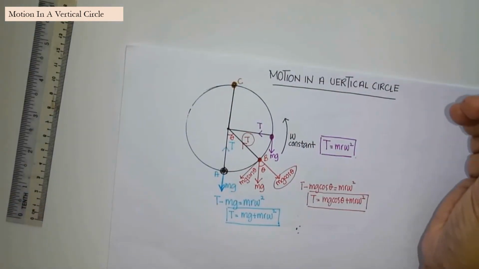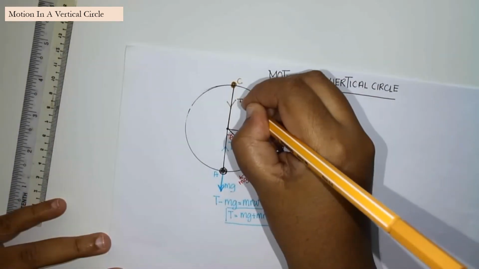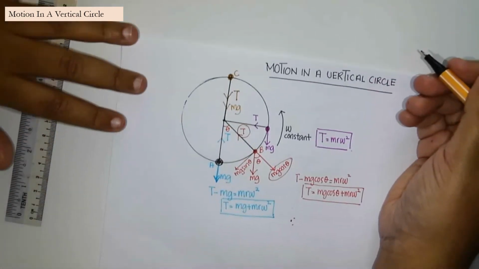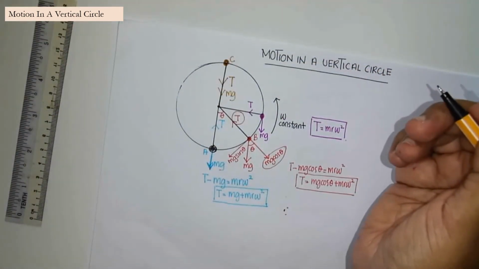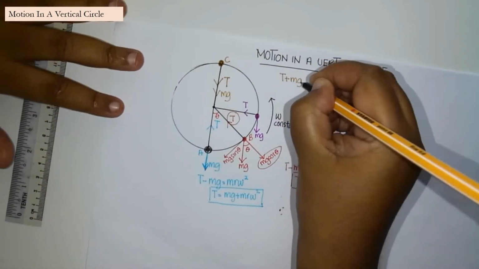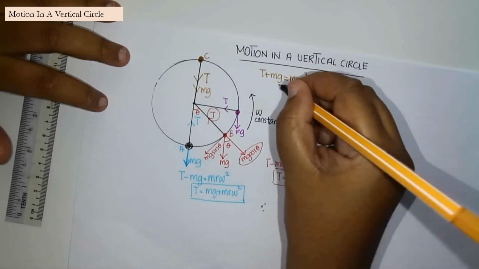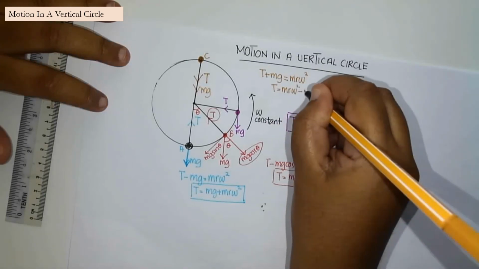So the first thing we do is we draw the forces. The tension is in this direction. The mg is in this direction. So how can we solve this? Both are in the same direction towards the center. Okay, so T plus mg is equal to mr omega square. T is equal to mr omega square minus mg.